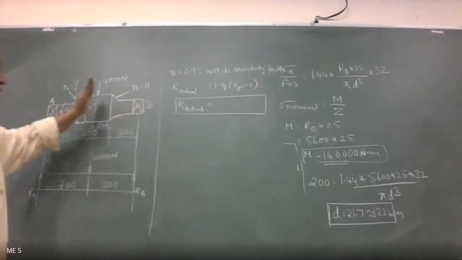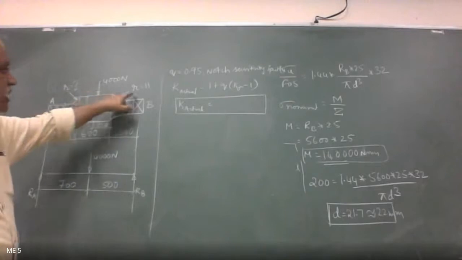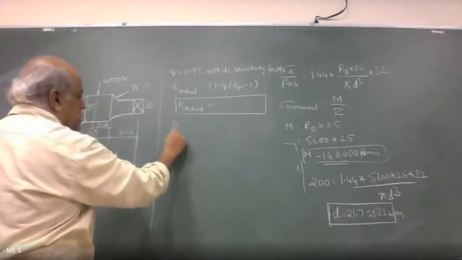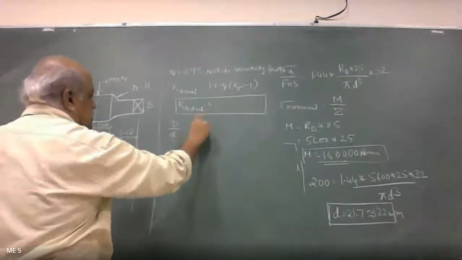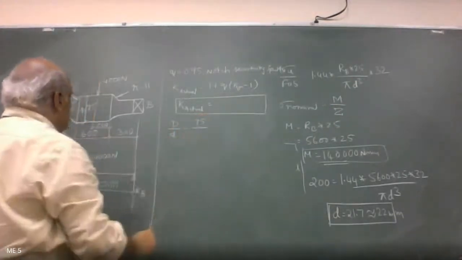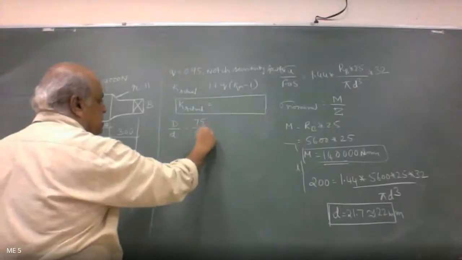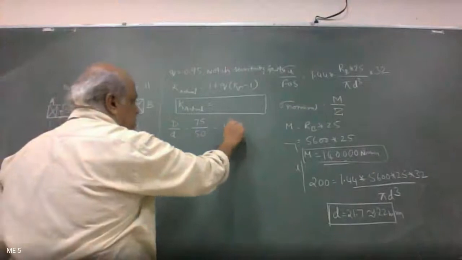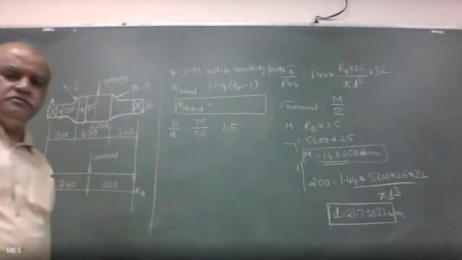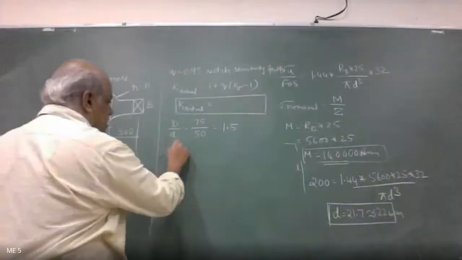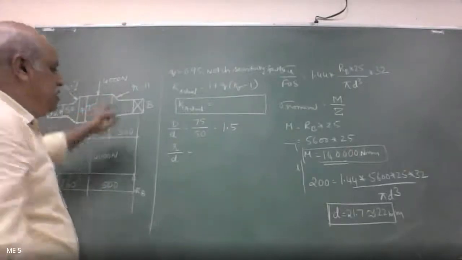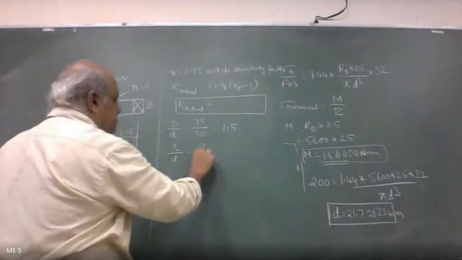Now we have on the shaft R11 being given. So I find out D by d. D is how much? 75 given in the problem. What is the smaller diameter? 50. So what is this value? 1.5, correct? Are you there with me? Yes, sir. Then what is r by d on the right hand side? 11 by 50.